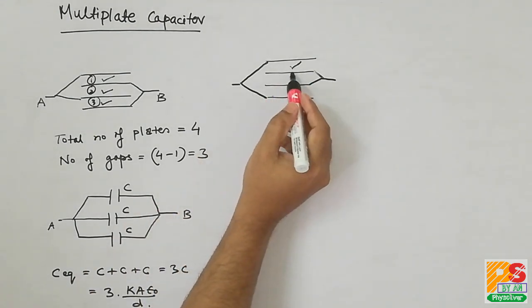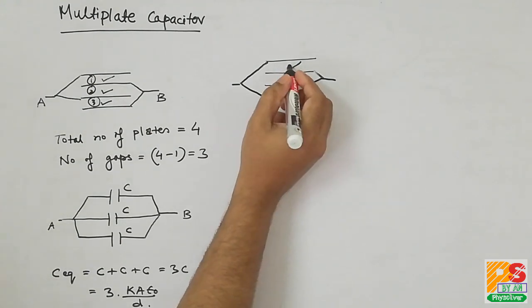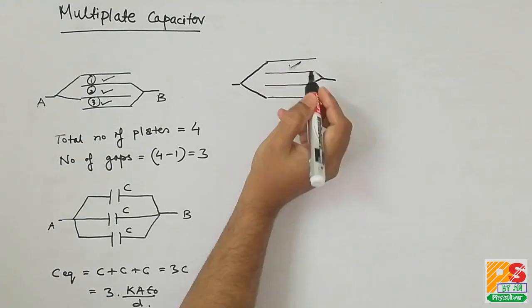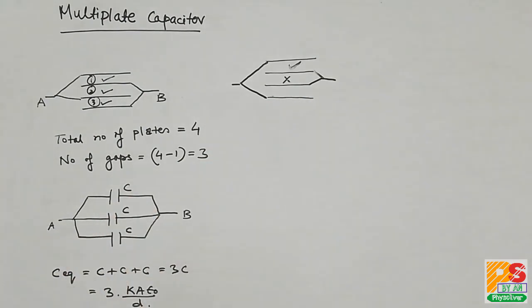Using this rule, the top gap is a capacitor, but the next gap, the middle gap, is not a capacitor because the 2 plates are connected to the same right end. So I will put a cross there to indicate this is not a valid one. And the third or the lowermost gap will also be a capacitor because the 2 plates are connected to left and right ends.